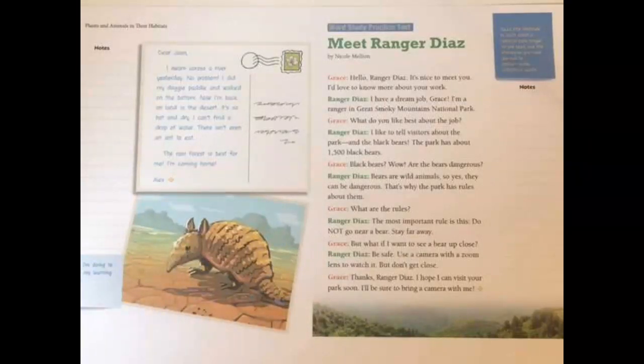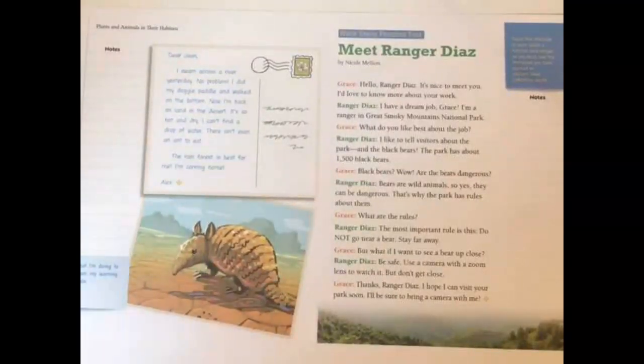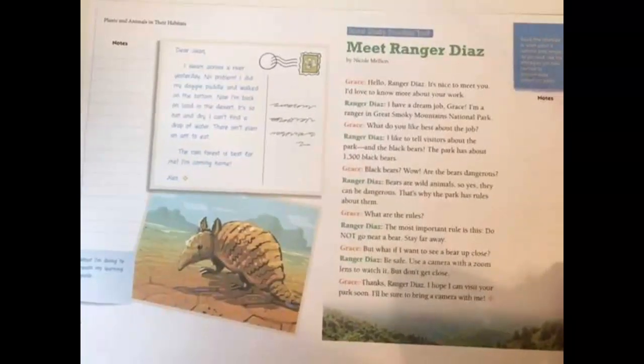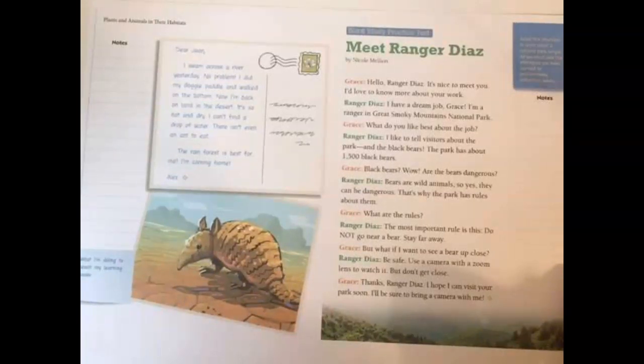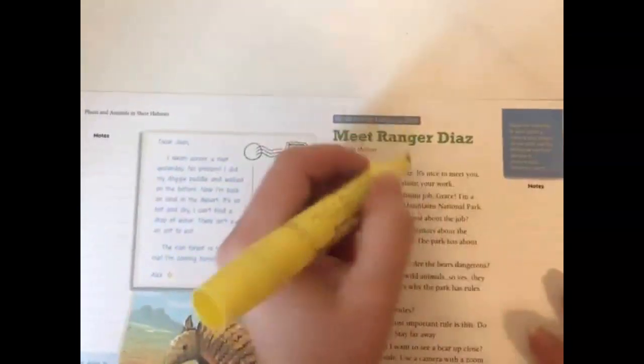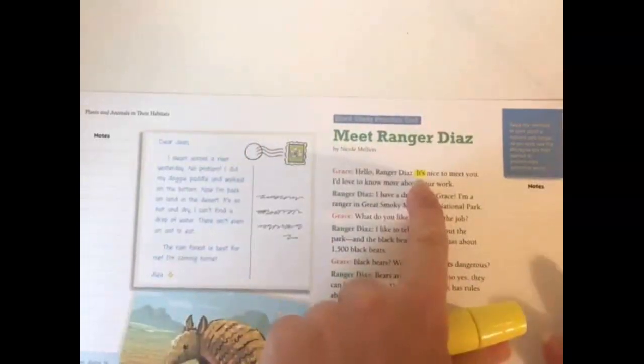All right, so we are going to look for some words in the text. Can you find the word it's? Let's see if we can find it's. Here it is right here, up at the top, first line. Let's highlight it's.